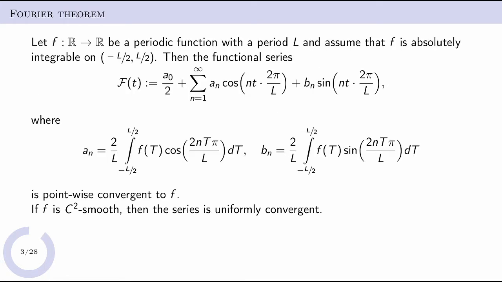So if f is a periodic function of period L, which is absolutely integrable on the interval minus L over 2 to L over 2, so it's absolutely integrable on its period, then the functional series given by the formula that you see on screen, as I said, is a sum of sines and cosines, where the coefficients an and bn are given by these two integrals.